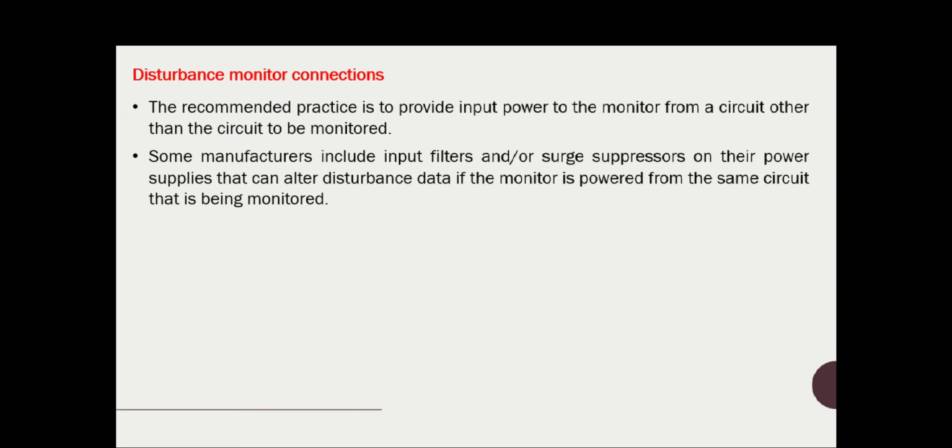However, this has the potential of creating ground loops if different circuits are involved. So the recommended practice is to provide input power to the monitor from a circuit other than the circuit to be monitored.